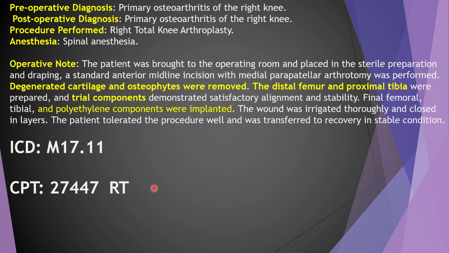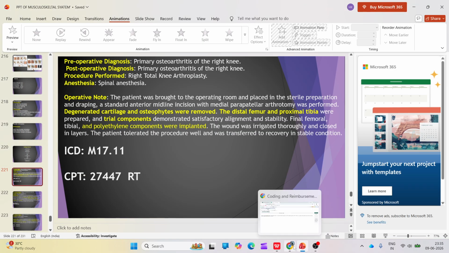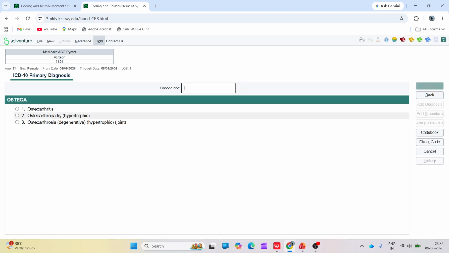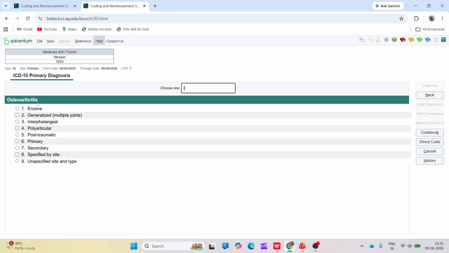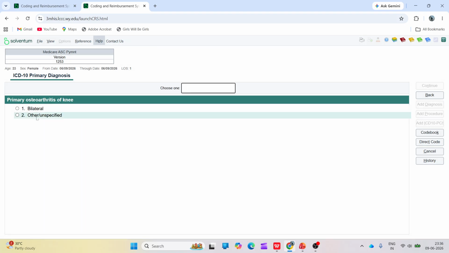So we'll see the navigation. First, primary osteoarthritis of the right knee. How to navigate? First, osteoarthritis, and after that, primary, and the location is knee, and it's not bilateral.